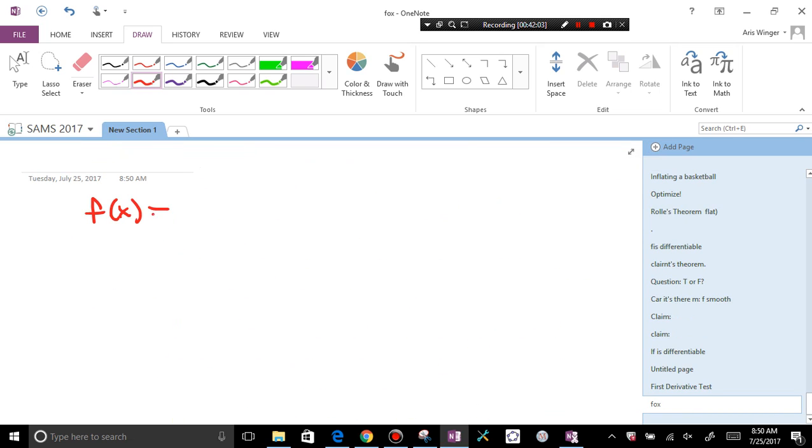f of x is equal to x plus 1 over x on the interval 0 to infinity.